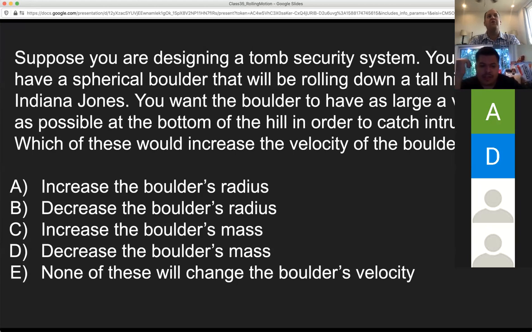Anybody want to argue for C or D, changing the boulder's mass? Nobody?